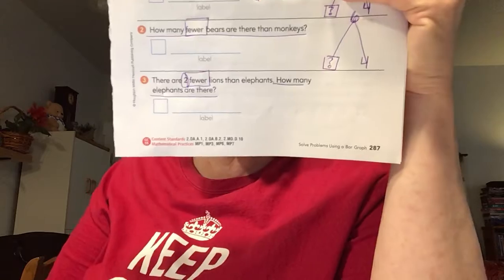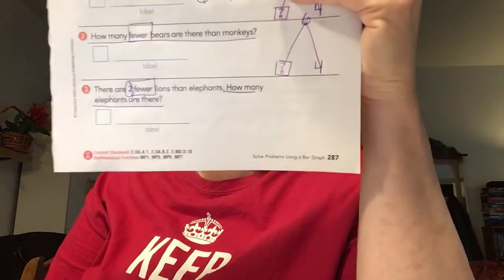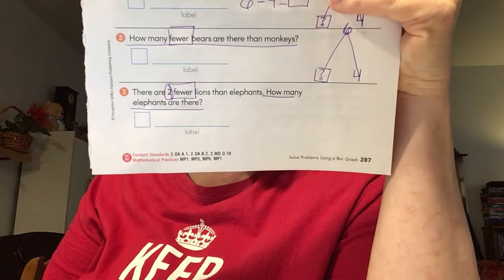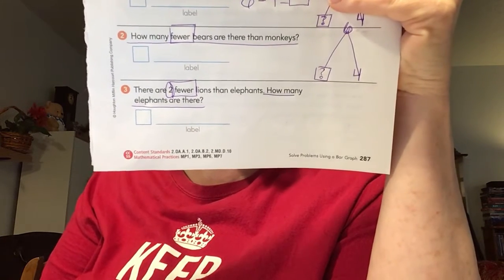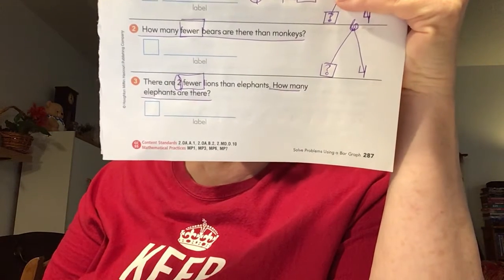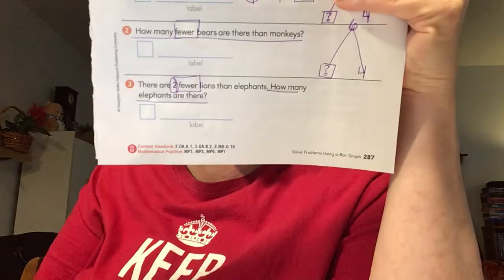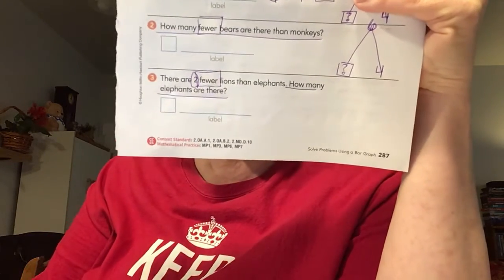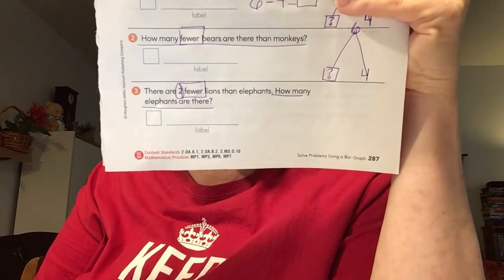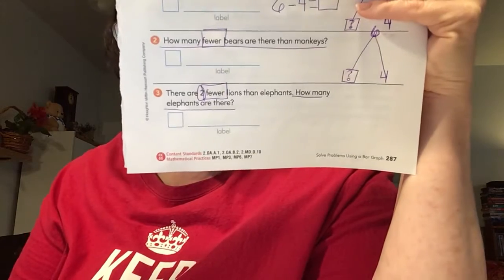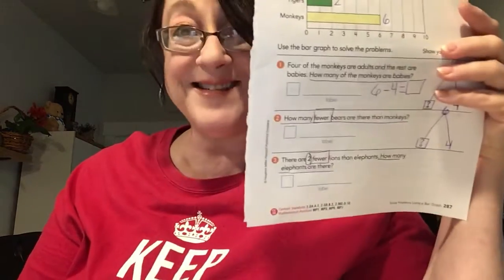Okay, it says in the problem that there are 2 fewer lions than elephants. So we have to decide, what are we going to use to help us figure this problem out? This problem's kind of tricky. There's one kind of proof drawing that will help us figure this out. And it starts with a C. Compare. Did you figure it out?